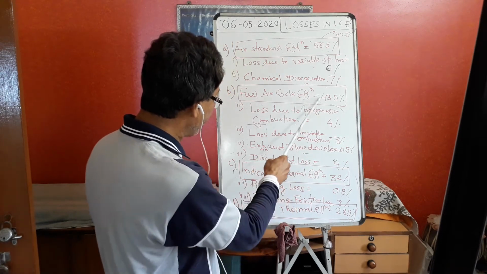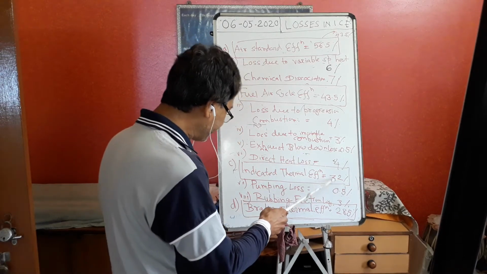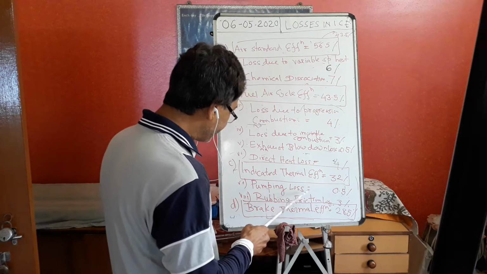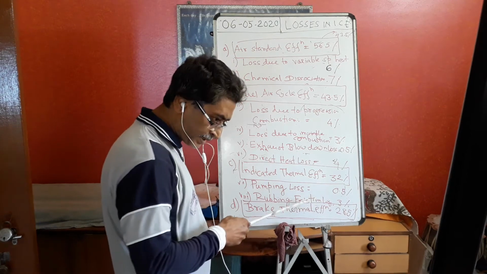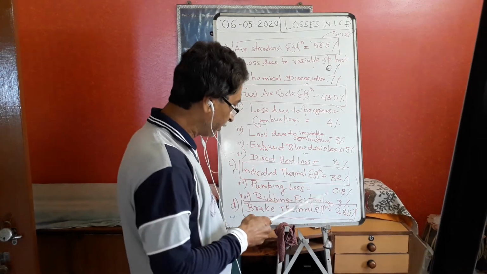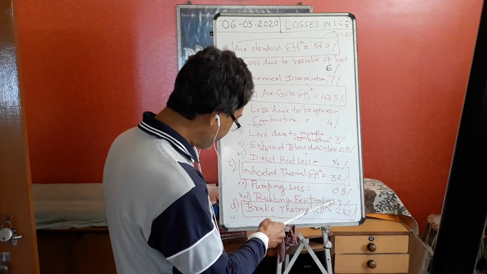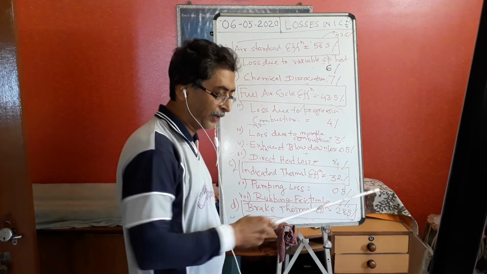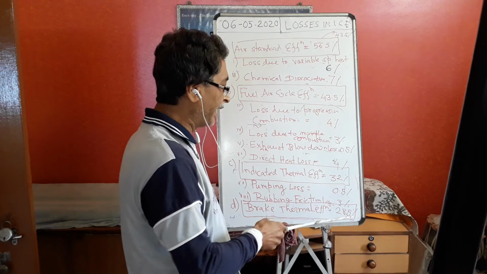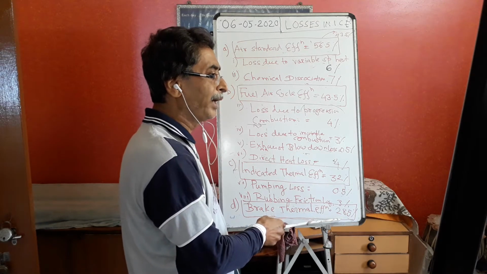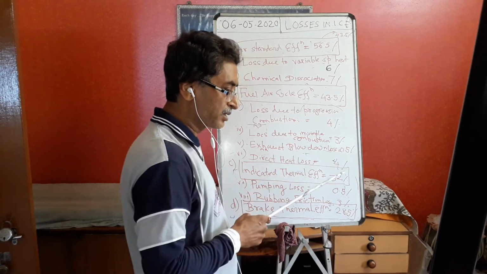Then we get indicated thermal efficiency, and from it we deduct the pumping loss and the rubbing friction loss, and we get the final 28.5. That means I have given 100 kilojoule of heat, but actually I convert to actual work 28.5 kilojoule. So these are the loss structures.